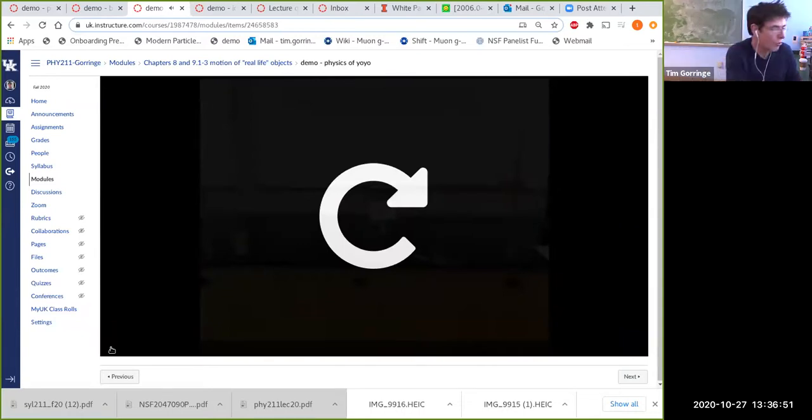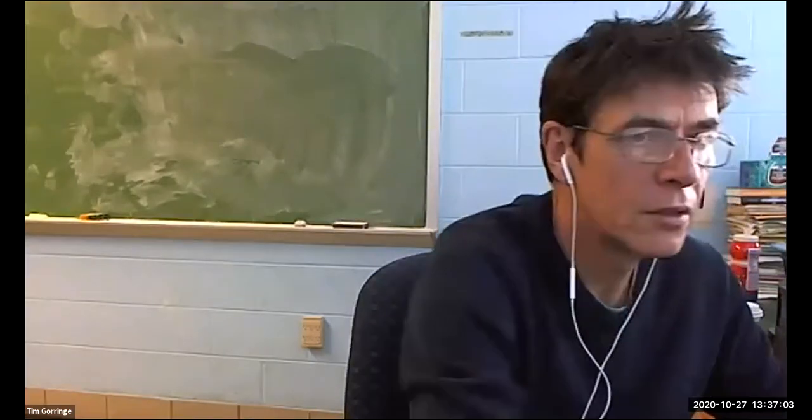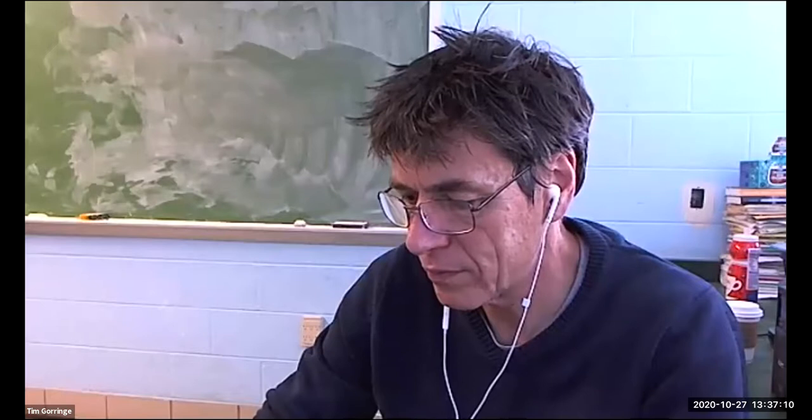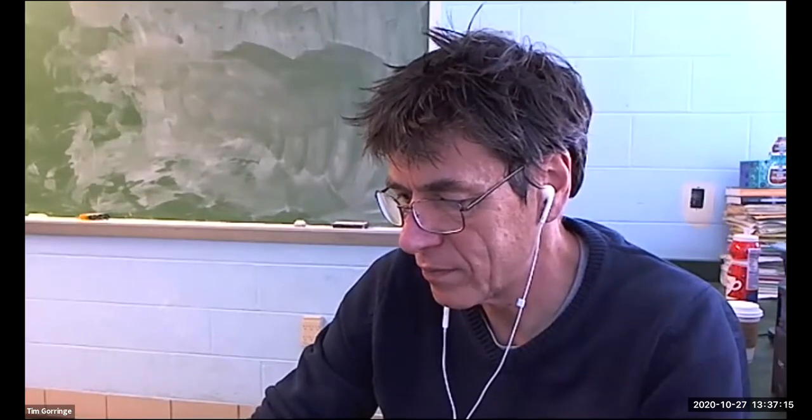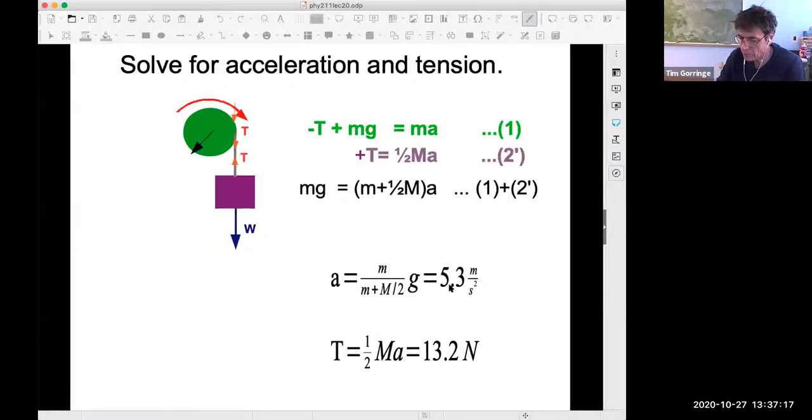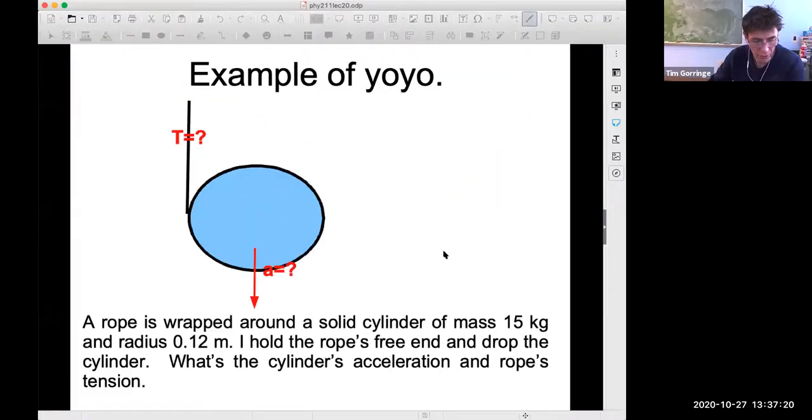This is also a problem involving rotational and translational motion. I'm going to go back to my slides now. Okay, this is also a problem of rotational and translational motion.